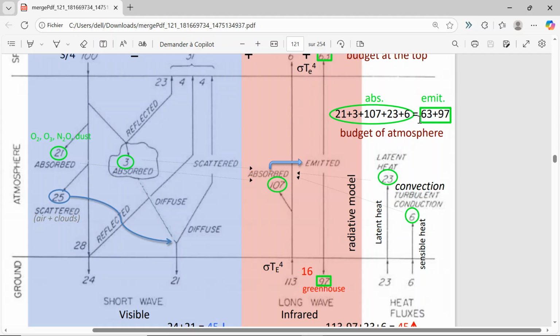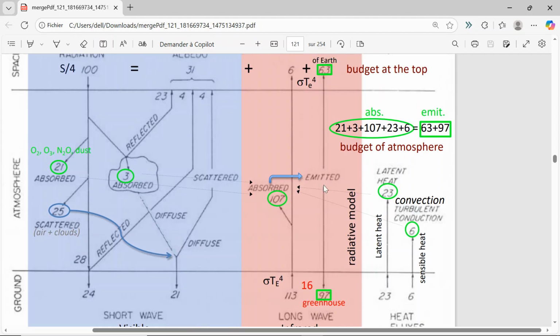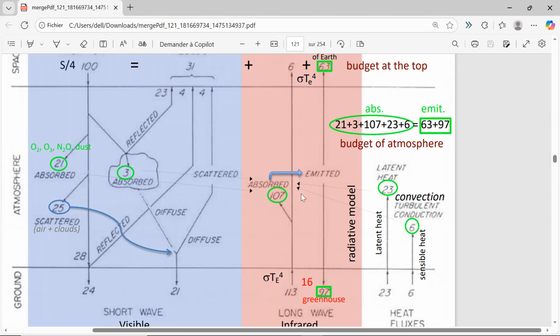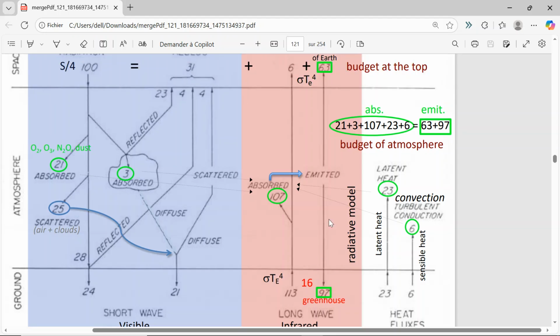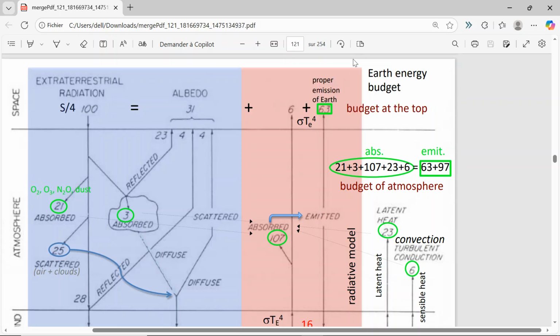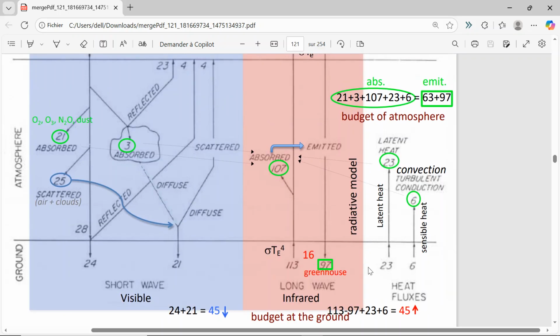So at the end you have a lot of units that are emitted and absorbed, and there will be a redistribution. A part will be emitted back to the Earth. It will lead to 97 units coming back to the Earth and 63 that are emitted towards the atmosphere. At the end, the budget at the top is respected and the budget at the bottom is respected too.